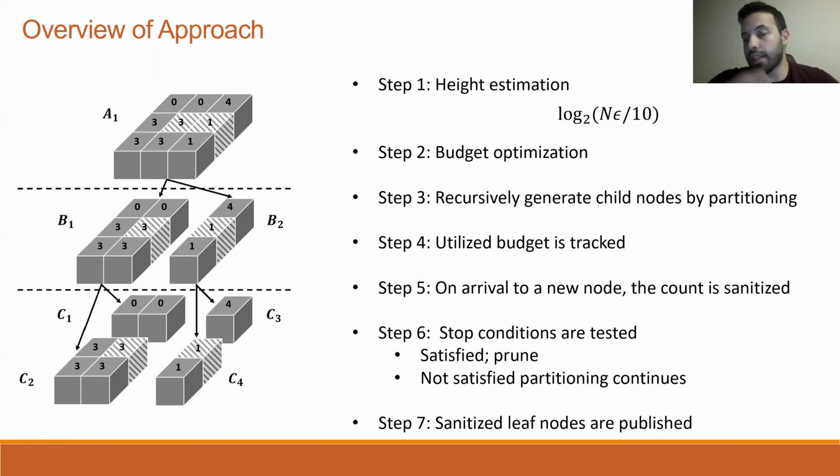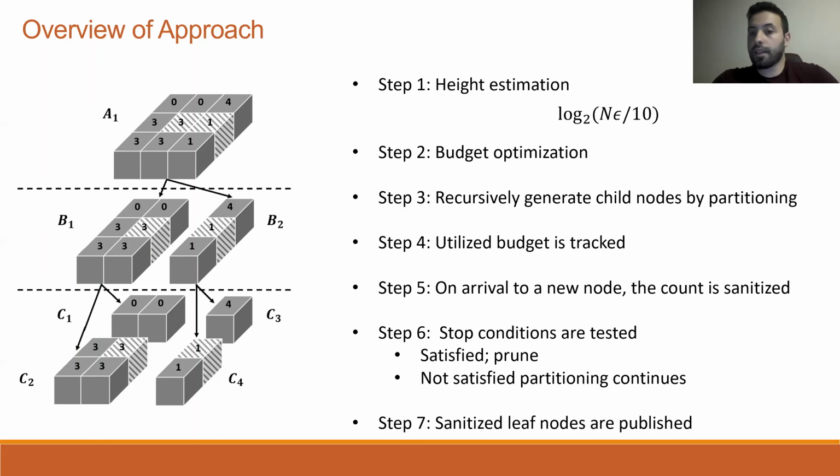As we go forward generating new nodes, we keep track of the amount of budget. If the stop conditions are satisfied, then the tree is pruned and the remaining budget is used for updating the sanitized count of the node. Otherwise, we continue with further partitioning on the grid.